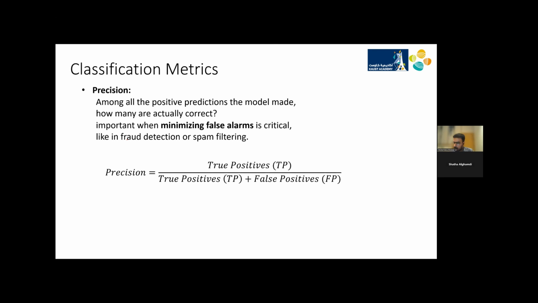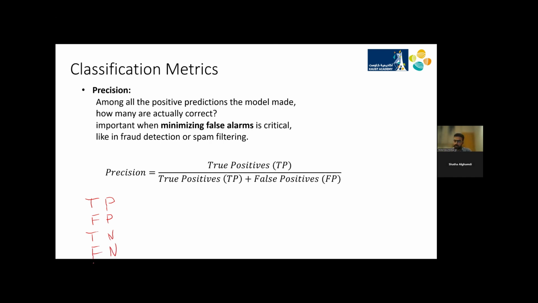Before I go toward this, let me just clarify one thing. All the predictions can be classified into four forms: true positive, false positive, true negative, and false negative.